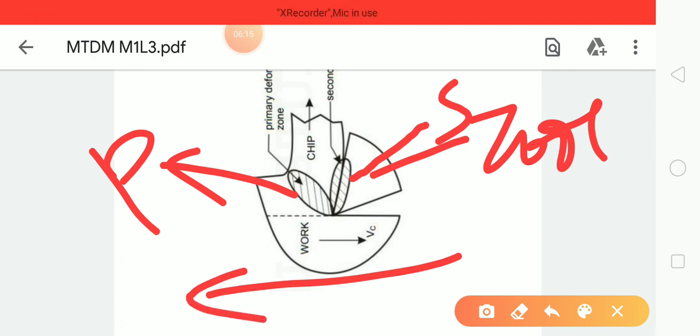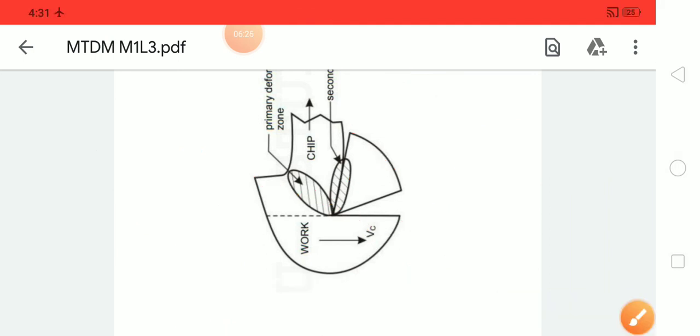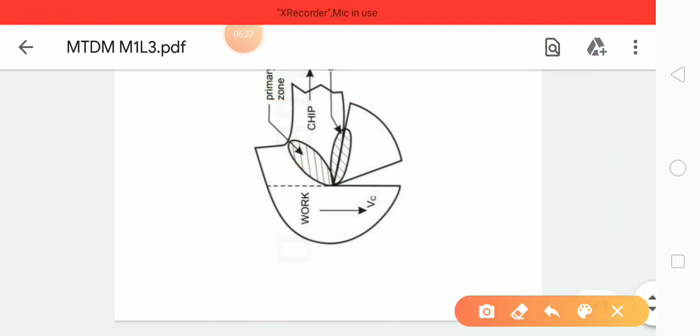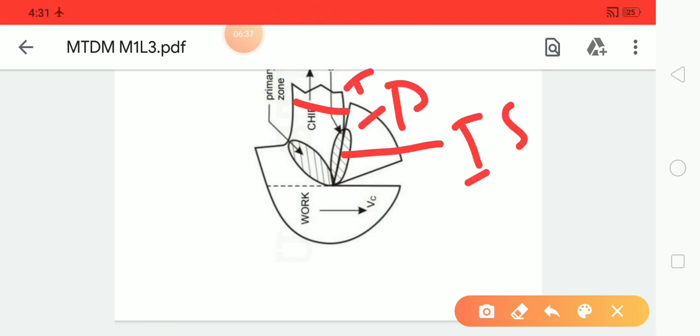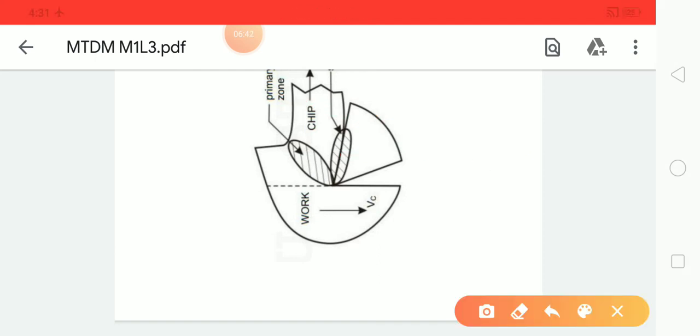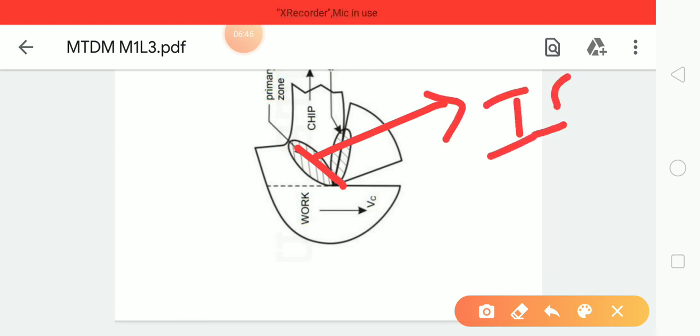So the first primary zone is moved to the secondary zone, and a new primary zone is formed.